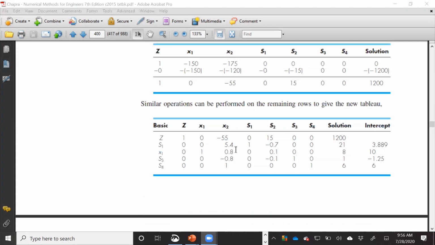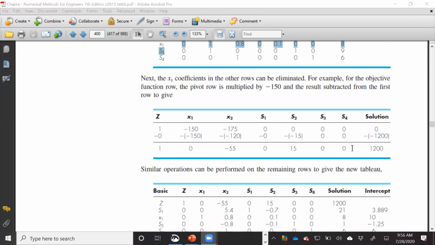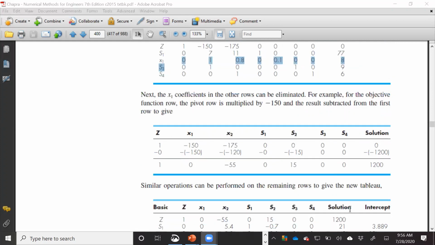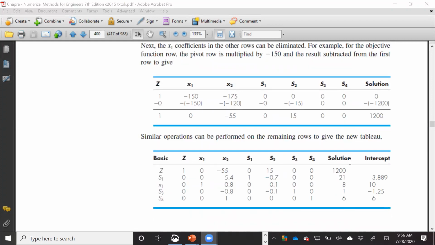So you will get all the new values of solutions. After you apply the cost value method, you will get the new values in the new table.